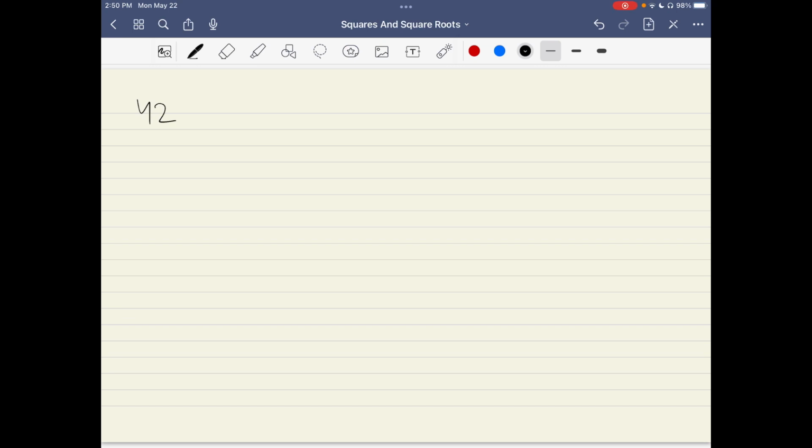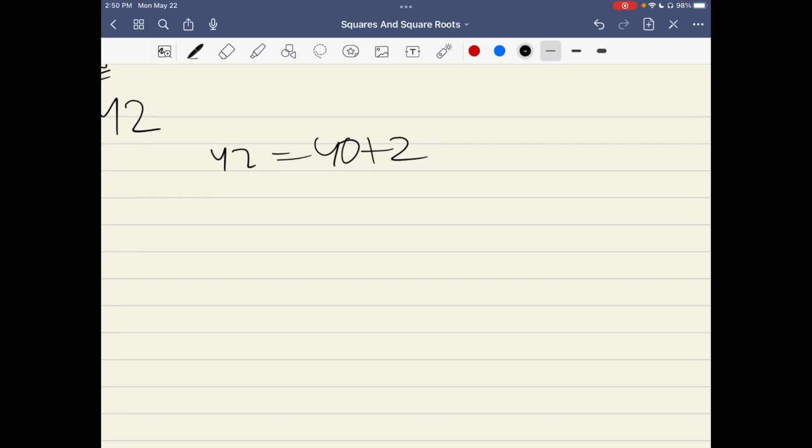Now, let's do a few more together. Try to find the square of 42. How can you break 42 down? You can break 42 as 40 plus 2, correct?